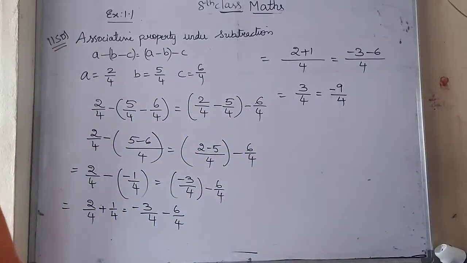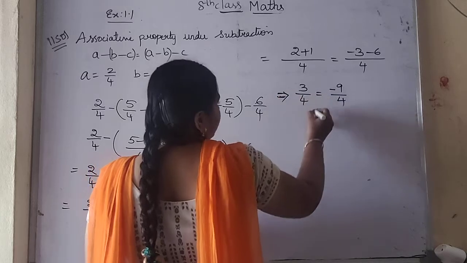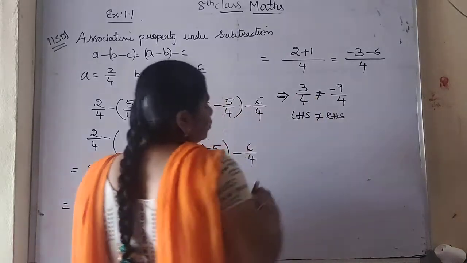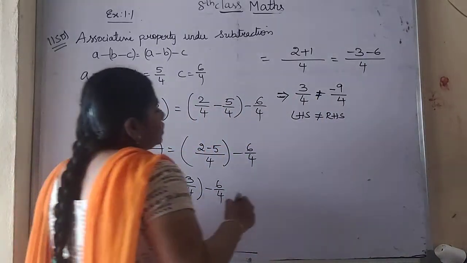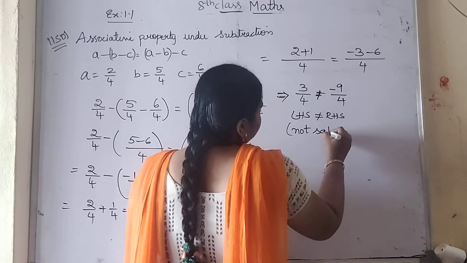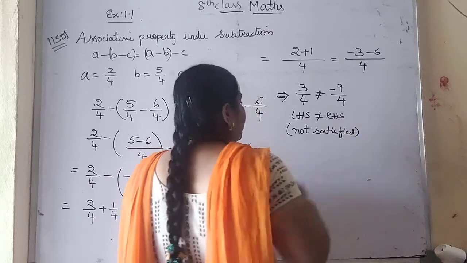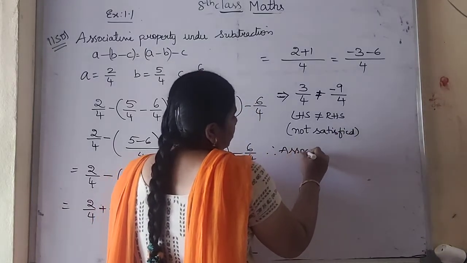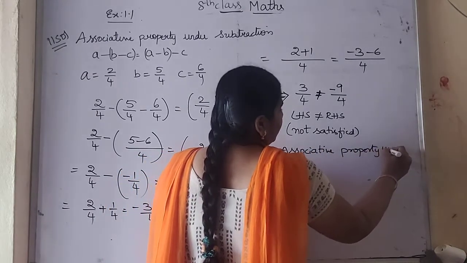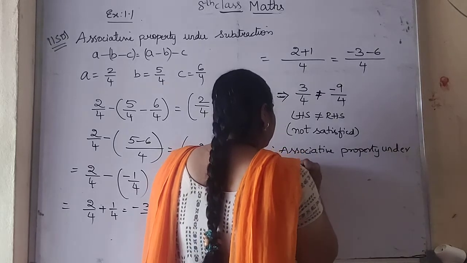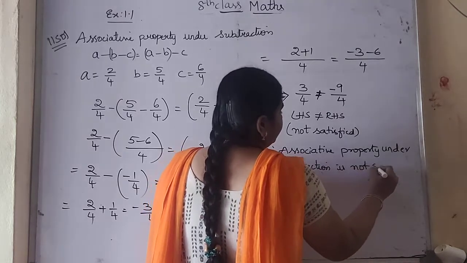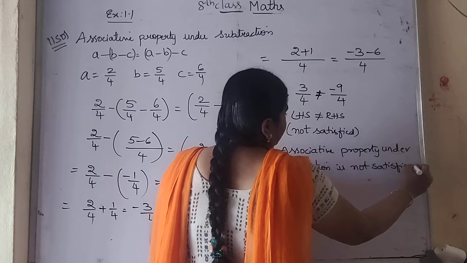So if you see this, both the LHS and RHS values are not equal here. LHS value and RHS value are not equal to each other. So what is this? The associative property under subtraction is not satisfied. Okay, therefore the associative property under subtraction is not satisfied.